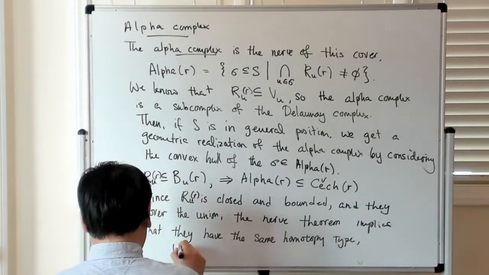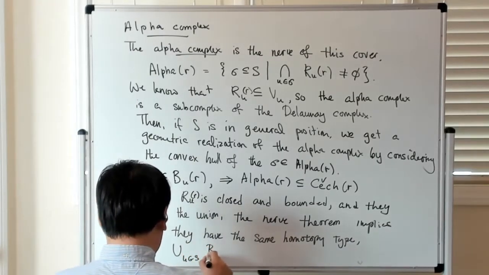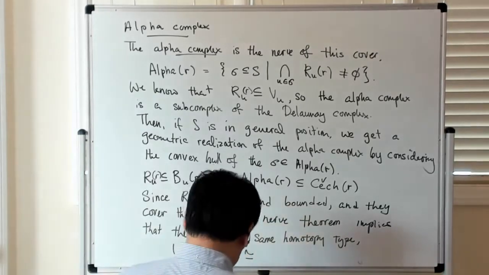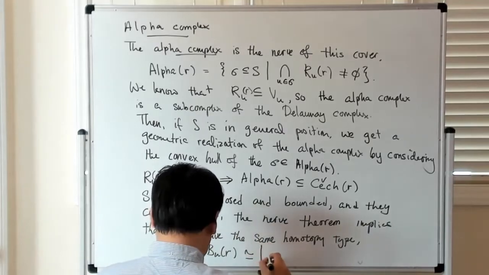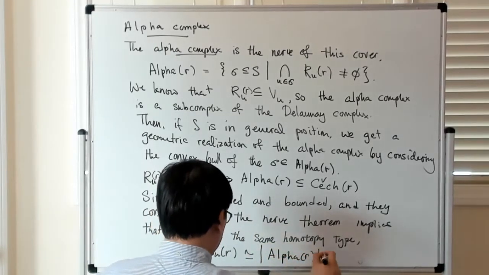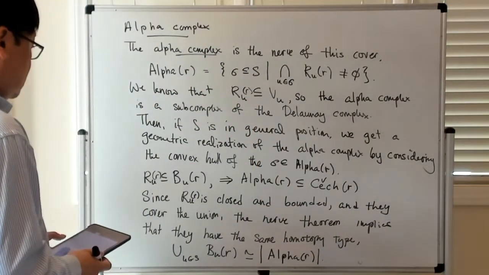So the union of the balls is homotopy equivalent to the alpha complex, the underlying space of the alpha complex.